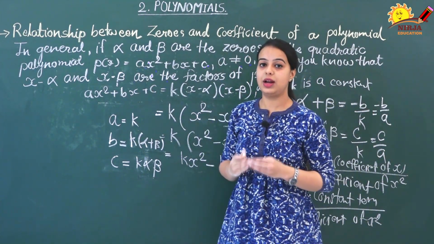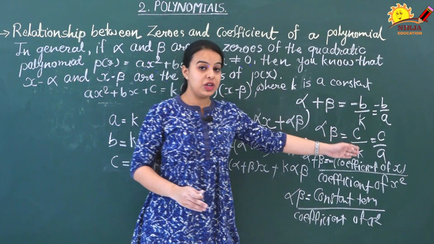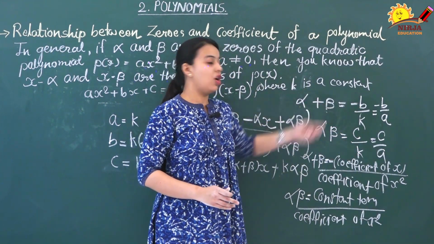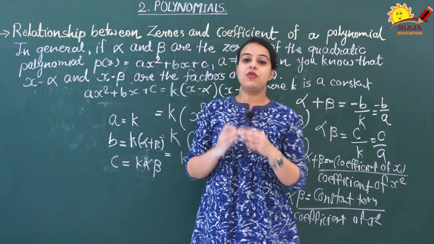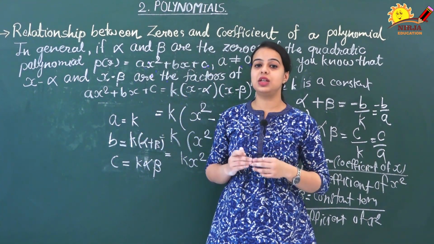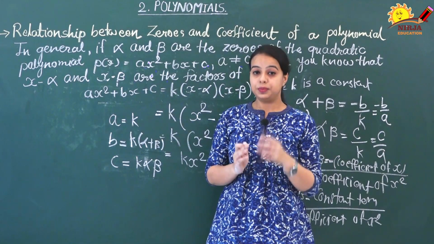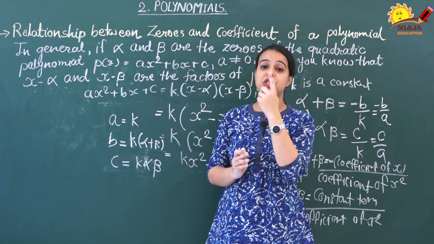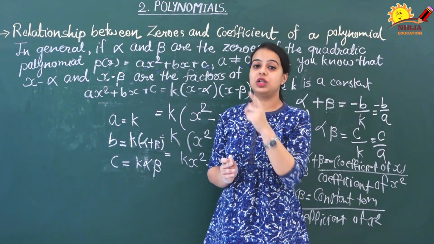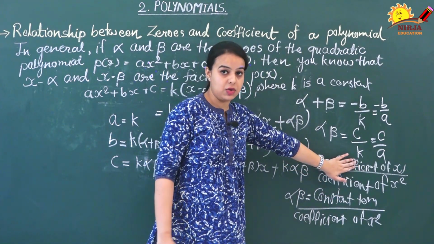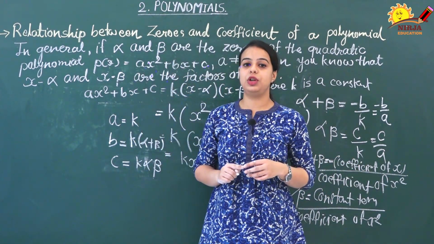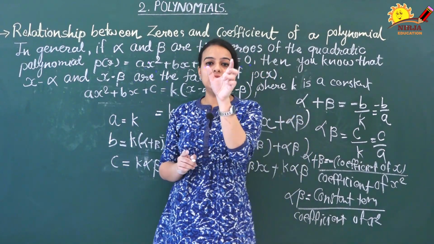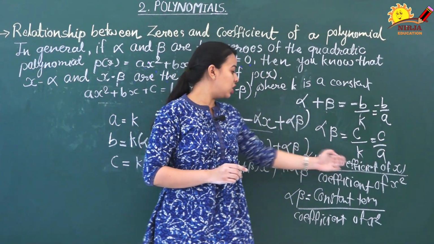So my dear students, this is the general form of the relationship between zeros and coefficients of a quadratic polynomial, right? This way the coefficients and the zeros of polynomials are related with each other. You need to remember, if you add the zeros, then you get minus coefficient of x upon coefficient of x square, as you can see over here. And if you multiply the zeros of any quadratic polynomial, you will get constant term upon coefficient of x square.